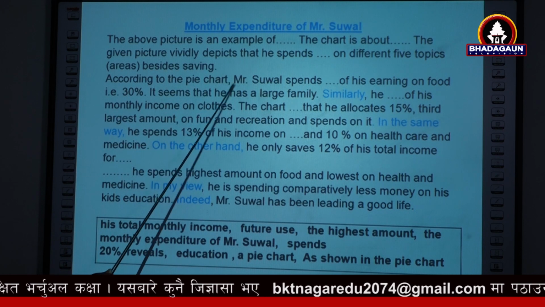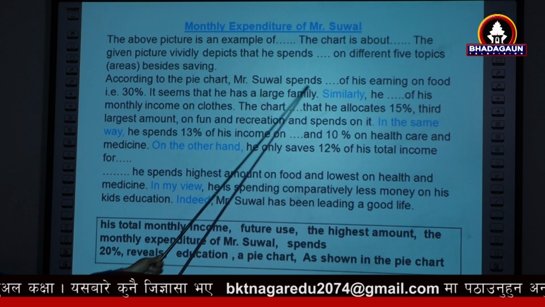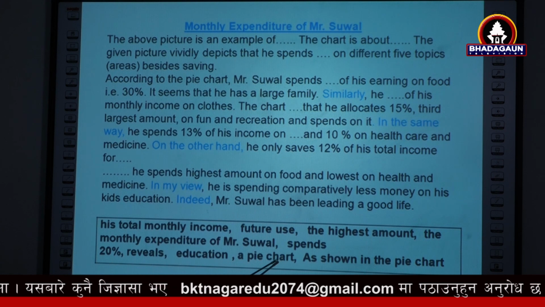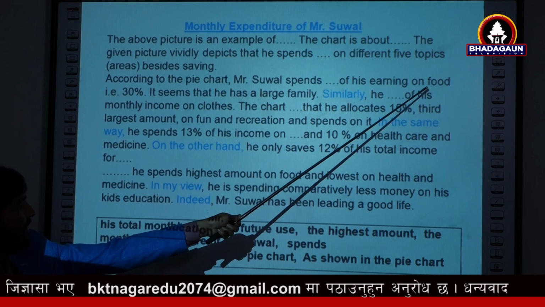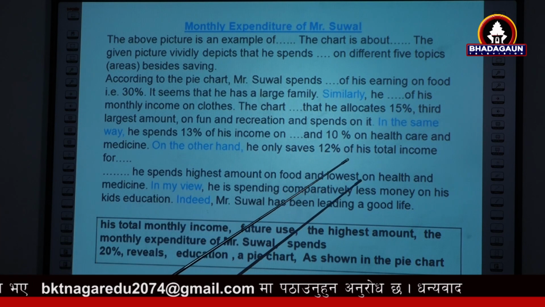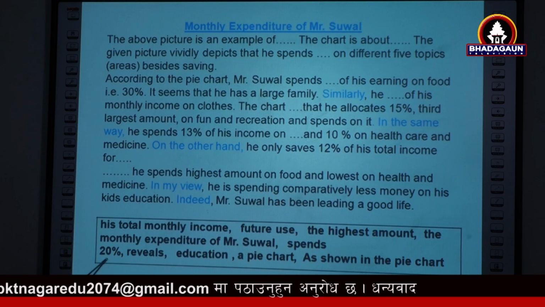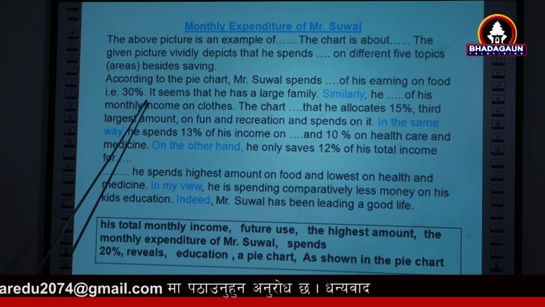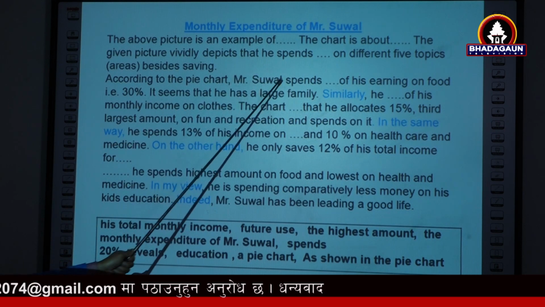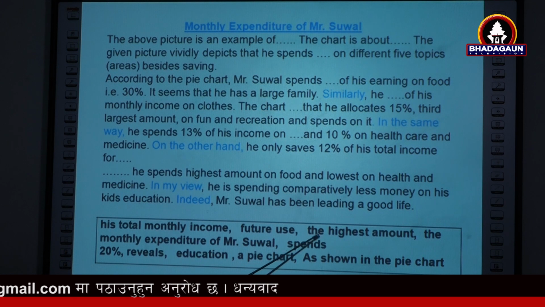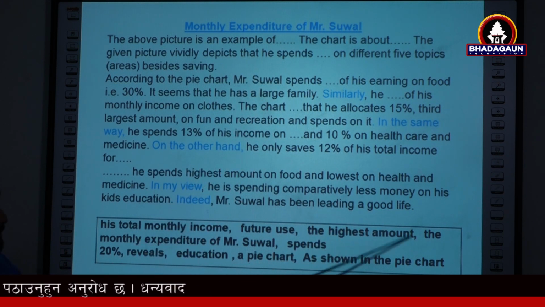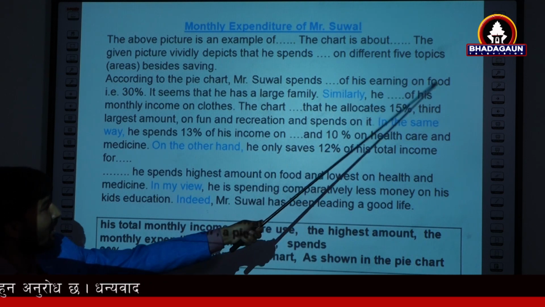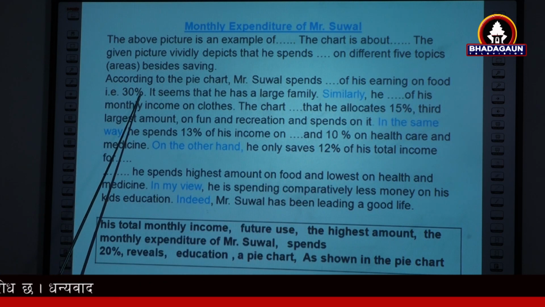According to the pie chart, Mr. Sual spends 20% of his earning on food, 30% I guess. It was 30%, right? Make the correction here also. Sorry, Mr. Sual spends the highest amount, right? The highest amount of his earning on food, that is 30%.